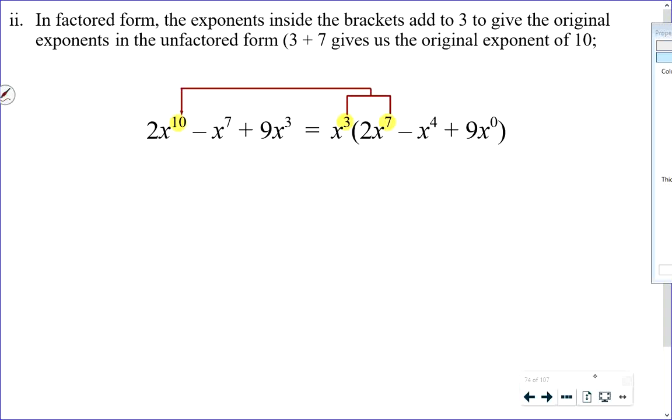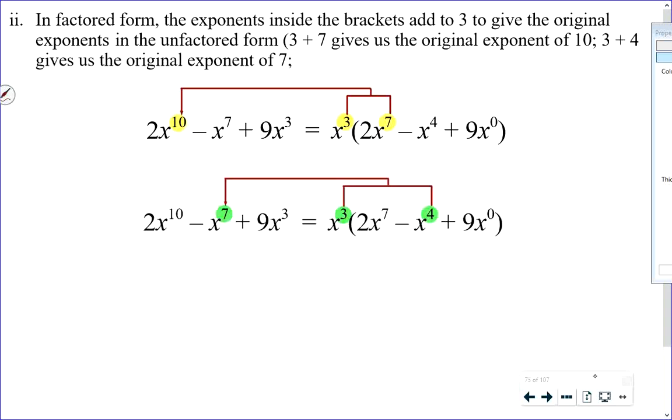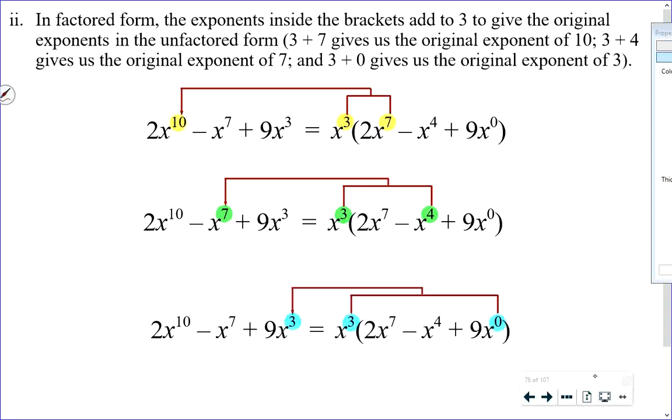What I'm telling you is the reason we put a 7 here was because 7 plus 3 gives you the 10. The reason we put a 4 here is because 4 plus 3 gives you the 7. And the reason we put a 0 here was because 0 plus 3 gives you the 3. And none of this, in factoring this, requires this deep level of thought.